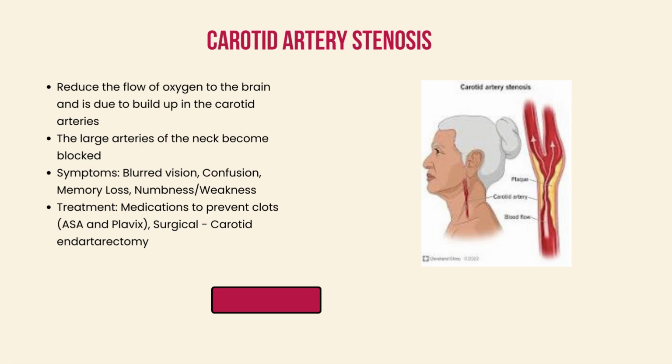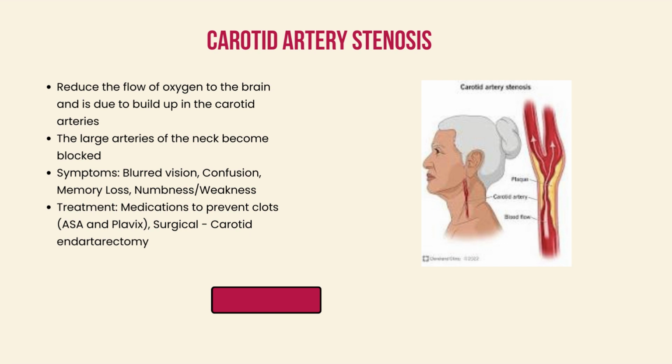Our second topic in this discussion is carotid artery stenosis. So, stenosis is just a reduction of blood flow through a narrow vessel. And with carotid artery stenosis, this shows reduced flow of oxygen to the brain, and it's due to a buildup of plaque in the carotid arteries.